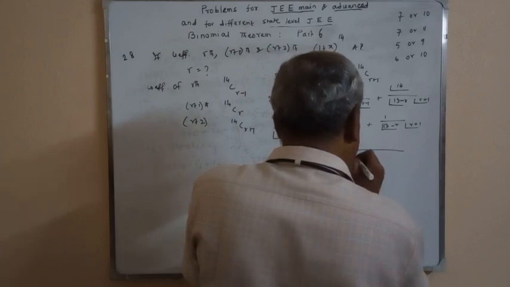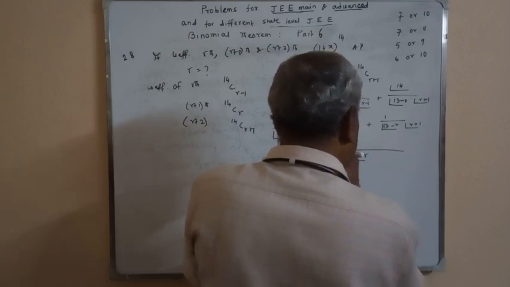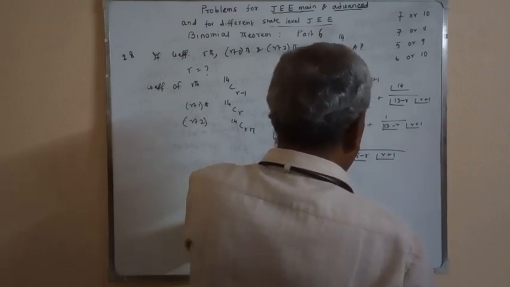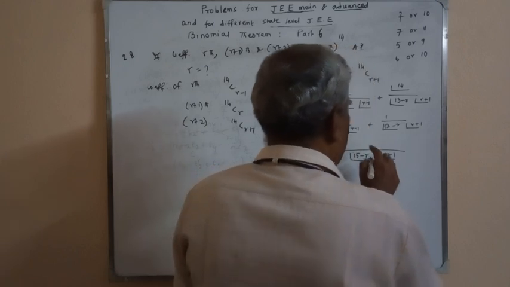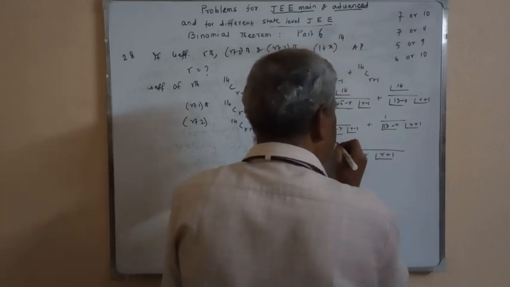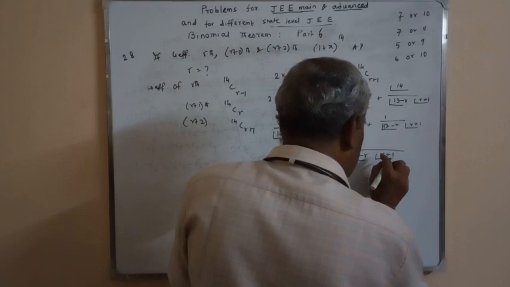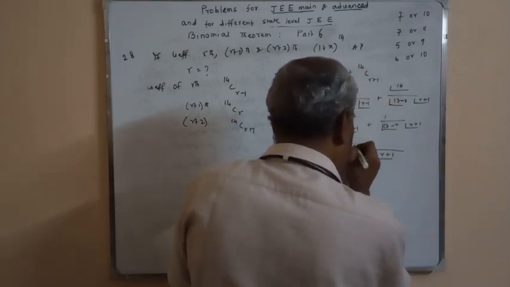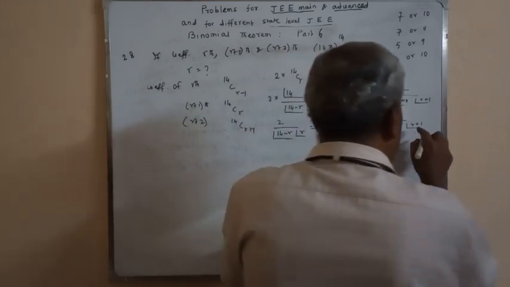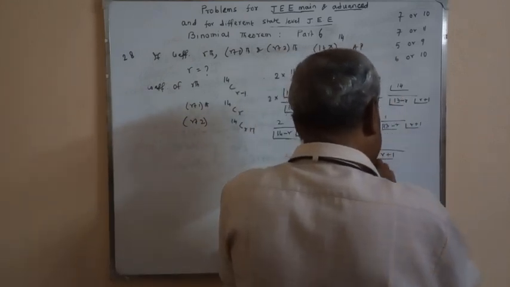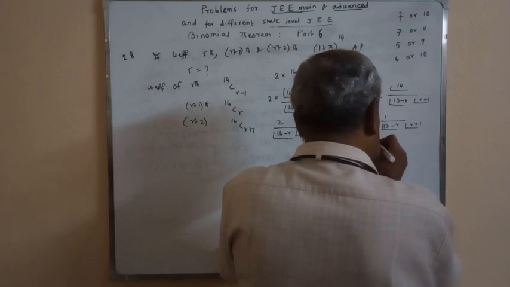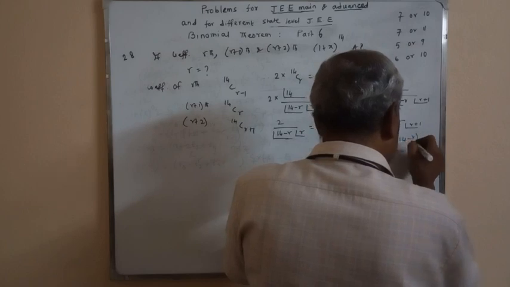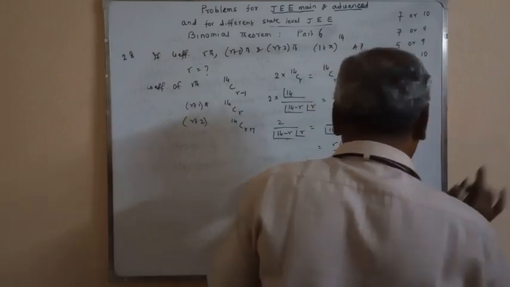Take the common denominator into factorial of r plus 1. So here it is r into (r plus 1) into factorial (r minus 1) plus, between this and that, it is actually (15 minus r) into (14 minus r) into factorial of (13 minus r).